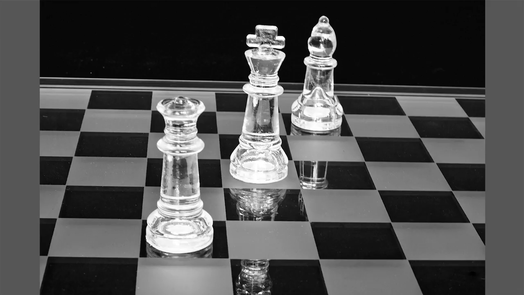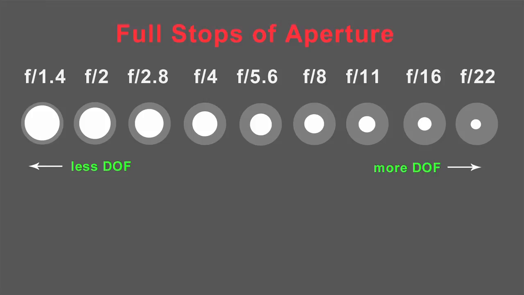I know you all have a question right now: how do we make our depth of field smaller or bigger? There are three criteria which influence the depth of field, and one of them is our aperture opening. The bigger our aperture opening, which is actually a smaller f number, the less depth of field we get. And the smaller the aperture opening, the bigger the f number, the more depth of field we get.